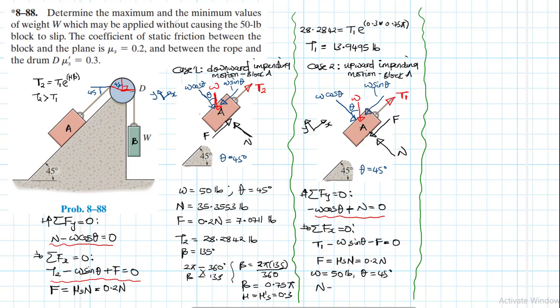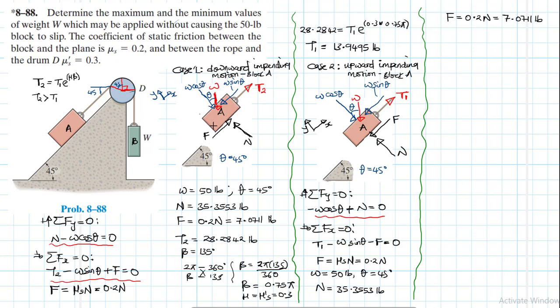Therefore, N will be equal to, like in the other case, N won't change. It will be the same value, which is 35.3553 pounds. Since we can find N, we can find F, the friction, which is just 0.2 N, and it also won't change, it will just be 7.0711 pounds.